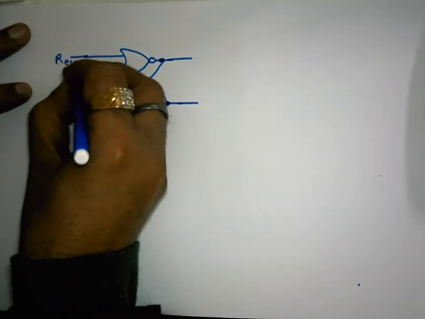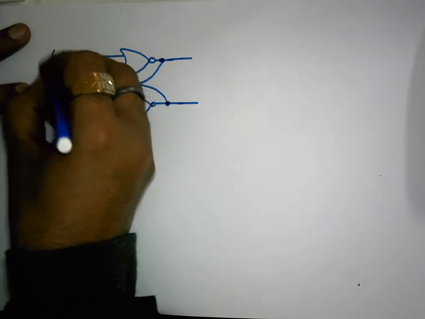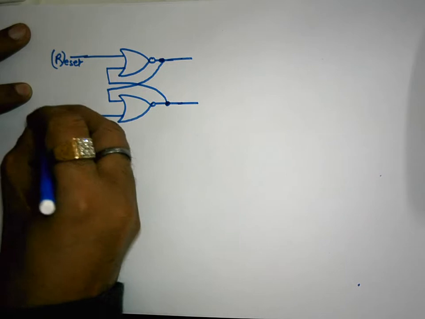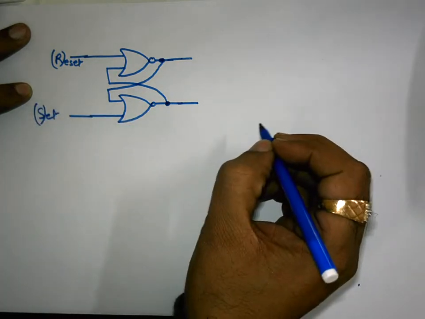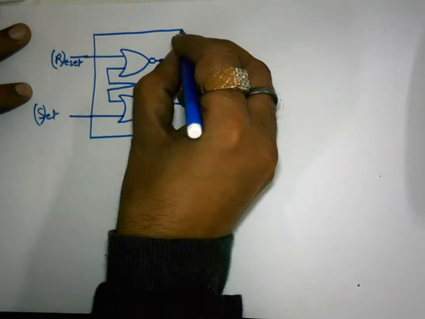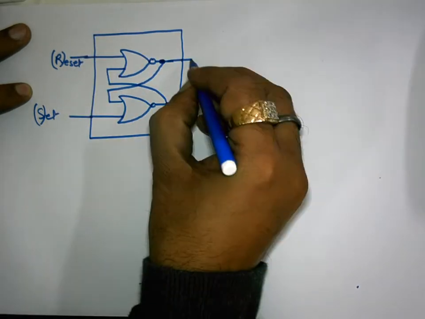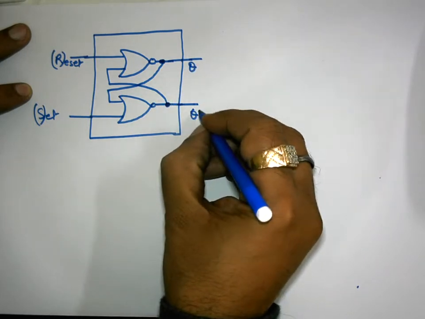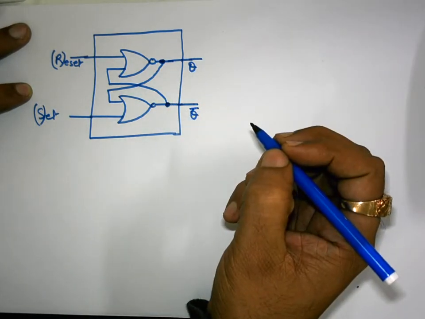This input is called reset, and it is known by this symbol R, and this input is called set and it is known by this symbol S. Simply I have encapsulated it in this box, and this output is called Q and this output is called Q bar.